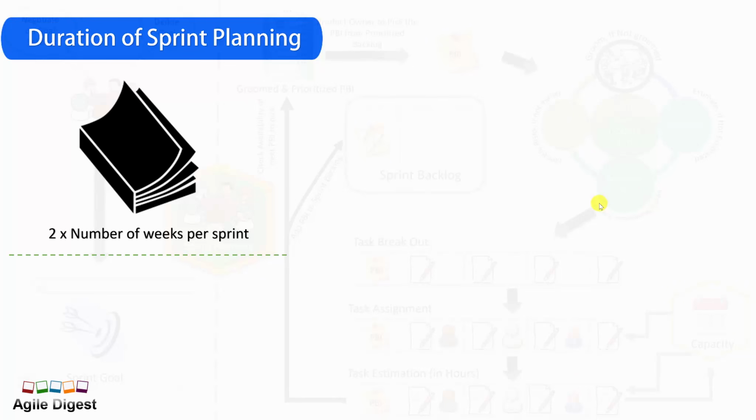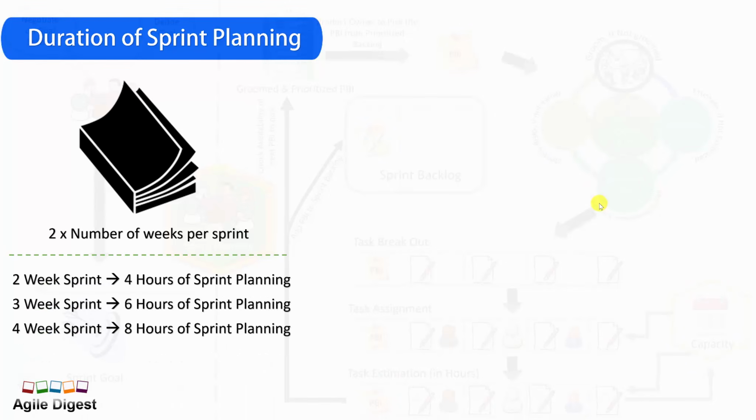And if it is a 4-week sprint, normally we do not suggest having a 4-week sprint. We suggest 2 to 3 weeks is the ideal sprint duration. So 2 times the number of weeks: 4 hours for a 2-week sprint, 6 hours for a 3-week sprint, and 8 hours for a 4-week sprint.